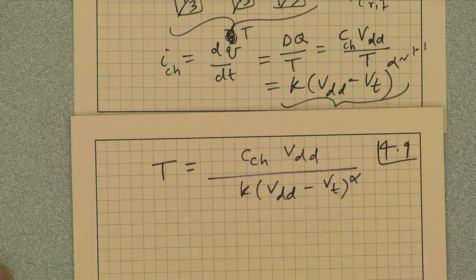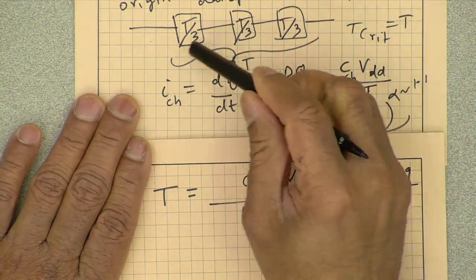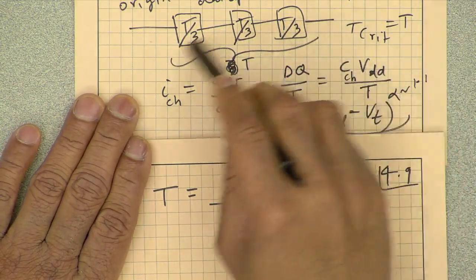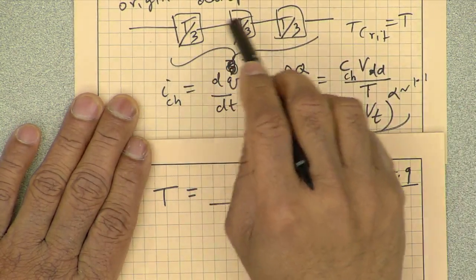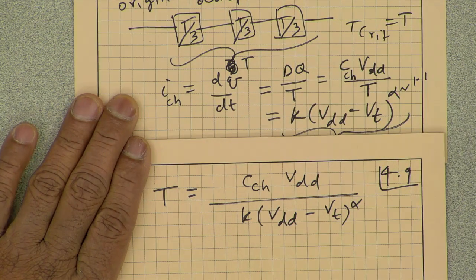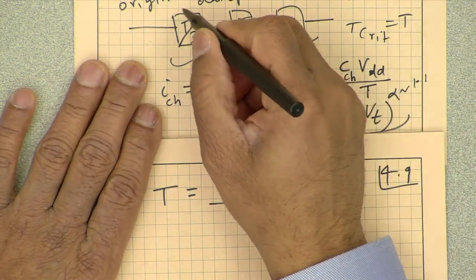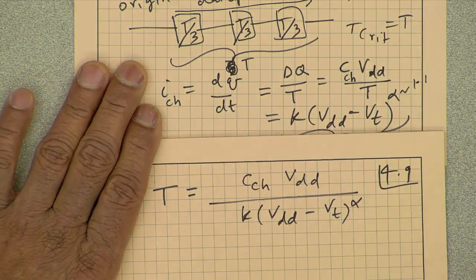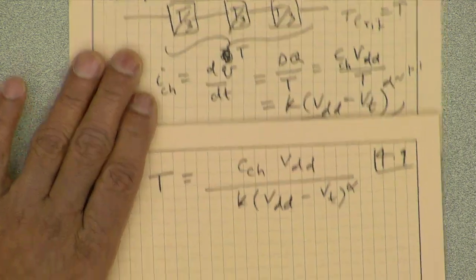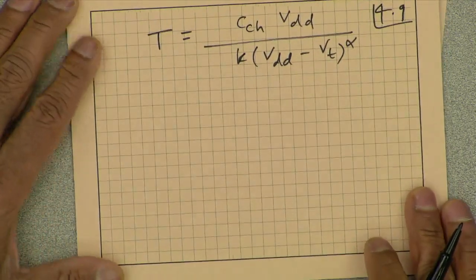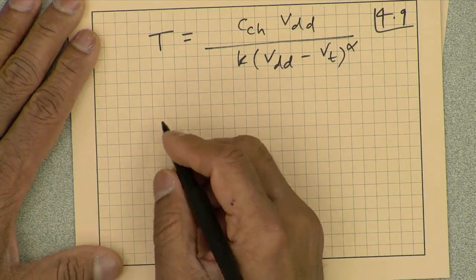Okay, so that's the propagation delay t through that path. Whatever the charging capacitance was, we are charging a certain capacitance through that path. That's the charging capacitance.